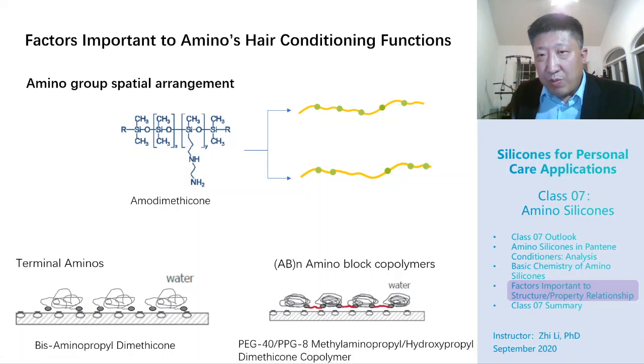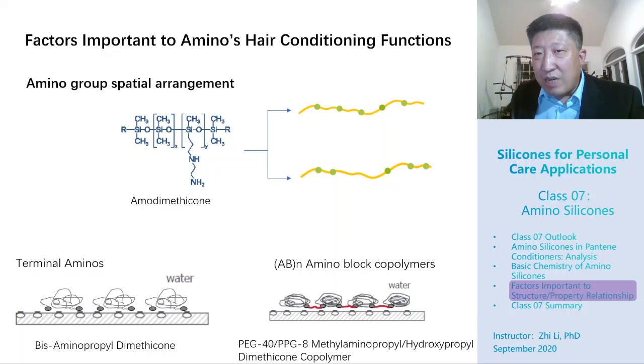groups. For example, amodimethicone. The structure is here. There are different ways to synthesize. You can have a random distribution of the amino groups along the chain, or you can have more controlled groups.